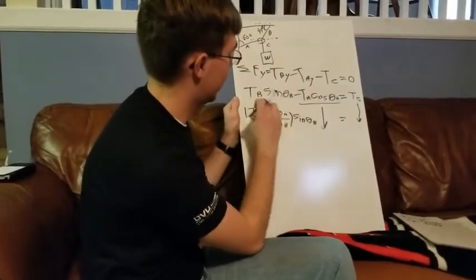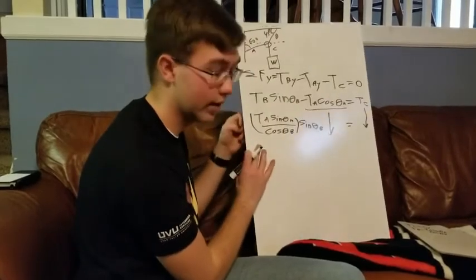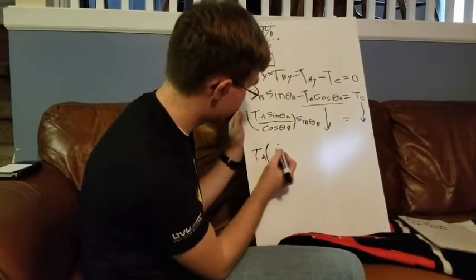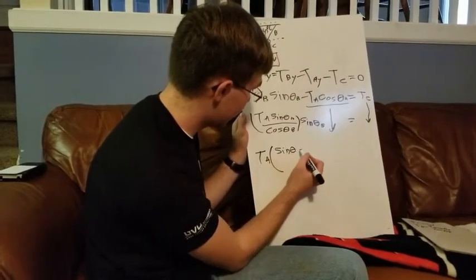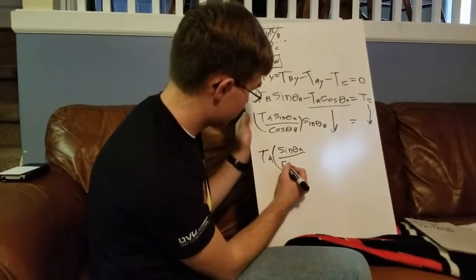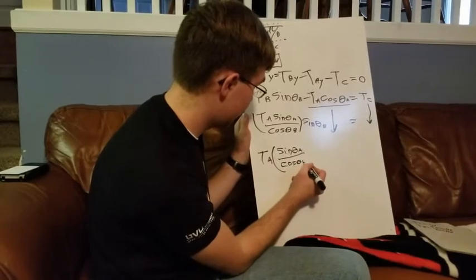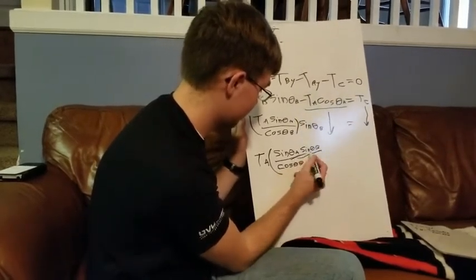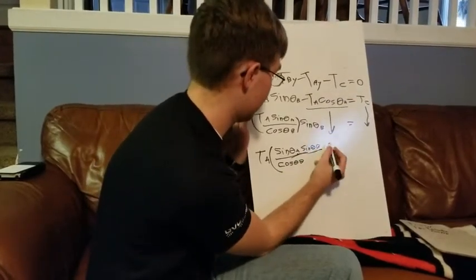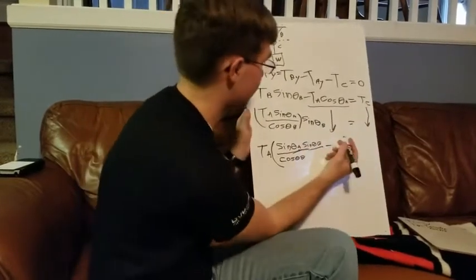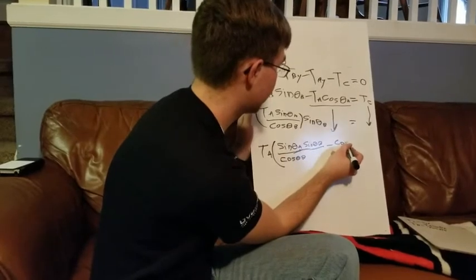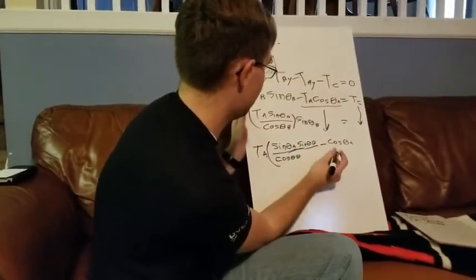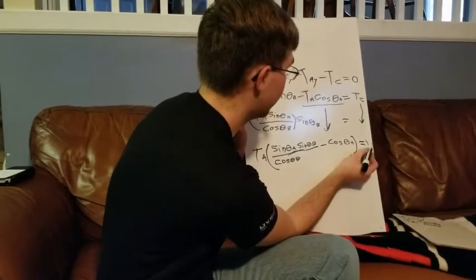Now both of these terms have tension A in them, so I can factor those out. So tension A times sine of theta A over cosine theta B times sine of theta B. This is part of the same fraction. Minus cosine of theta A, all of that equals tension C.